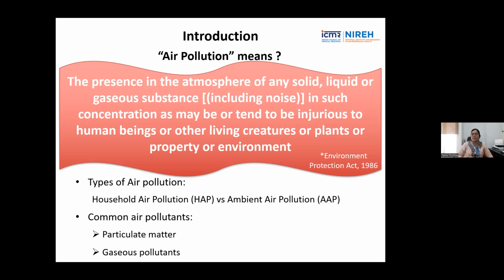Yes, so there is a diffusion of pollutants inside and outside. Household air pollution comes out to the neighboring environment and ambient air pollution comes into our home. So even though most of our statistics have different values for HAP versus AAP, these are not watertight compartments. They exist in a kind of dynamic equilibrium with each other.